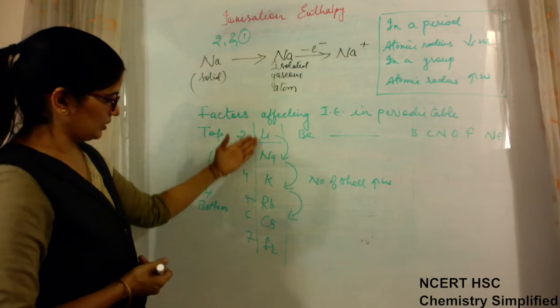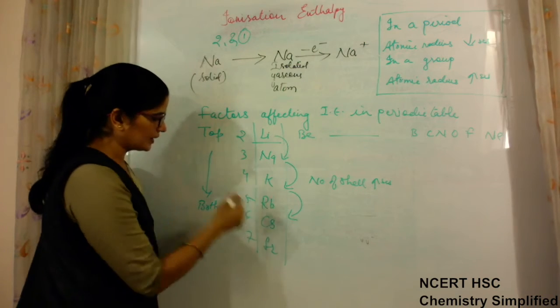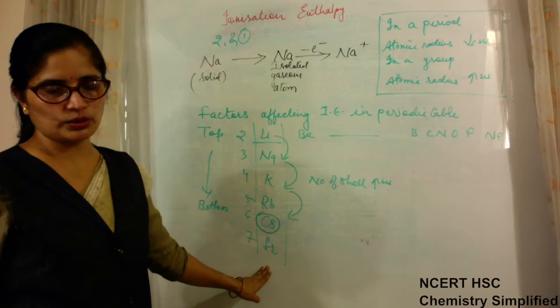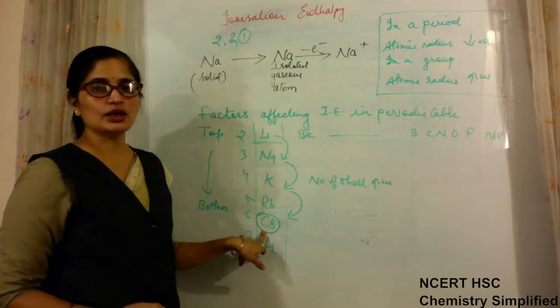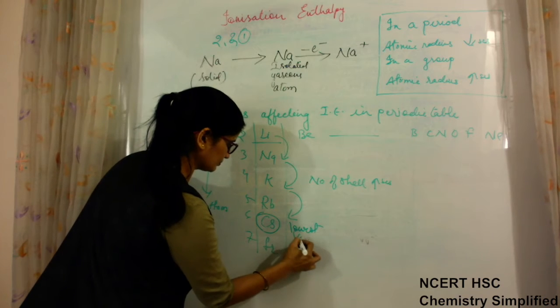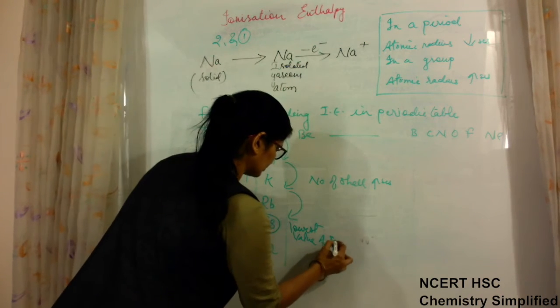So in a particular group, cesium, again because francium value is not known to us, cesium has the lowest value of ionization enthalpy.